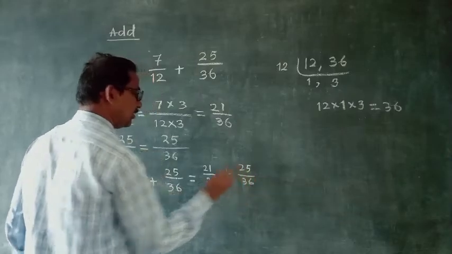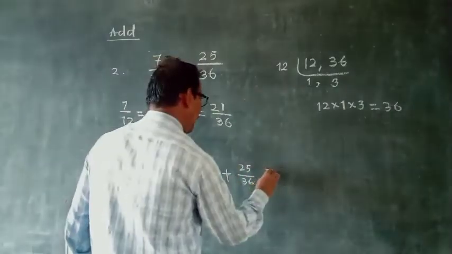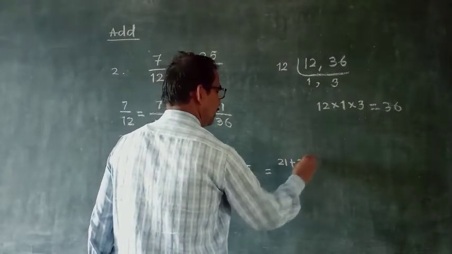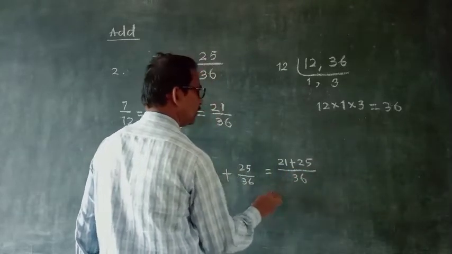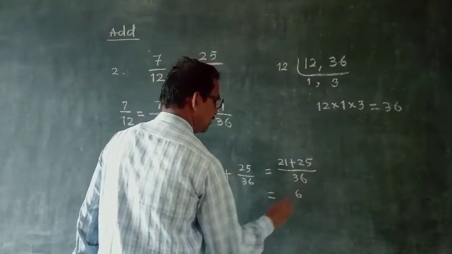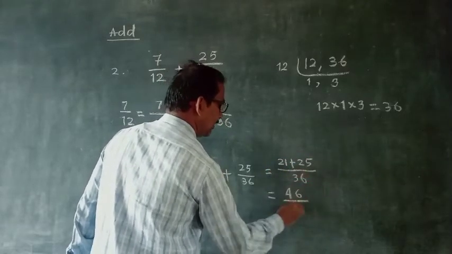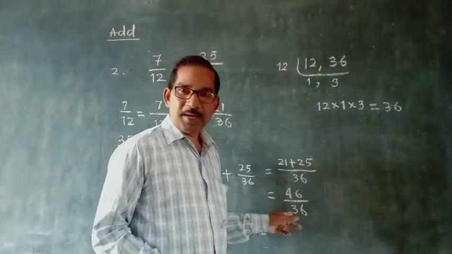Here 36 is the common thing, and now simply add these two. 21 plus 25 divided by 36, and it is equal to 5 plus 1, it is 6, 2 plus 2 is 4, so 46 upon 36. So it is an improper fraction.